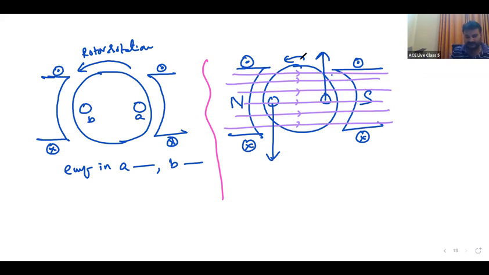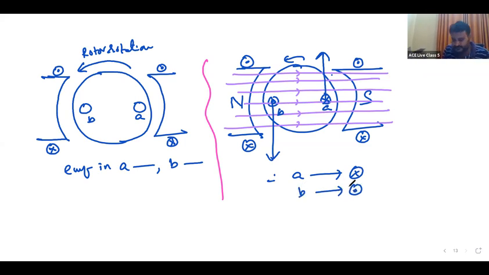Downwards, upwards. A and B. So therefore, flux direction downwards. Current is dot here, and here it is cross. Therefore, in A cross, B dot.